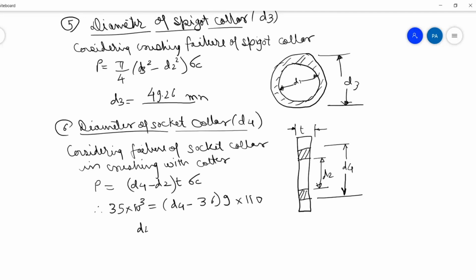You will get D4 equal to, what is the answer? So let me write it as 72 mm.